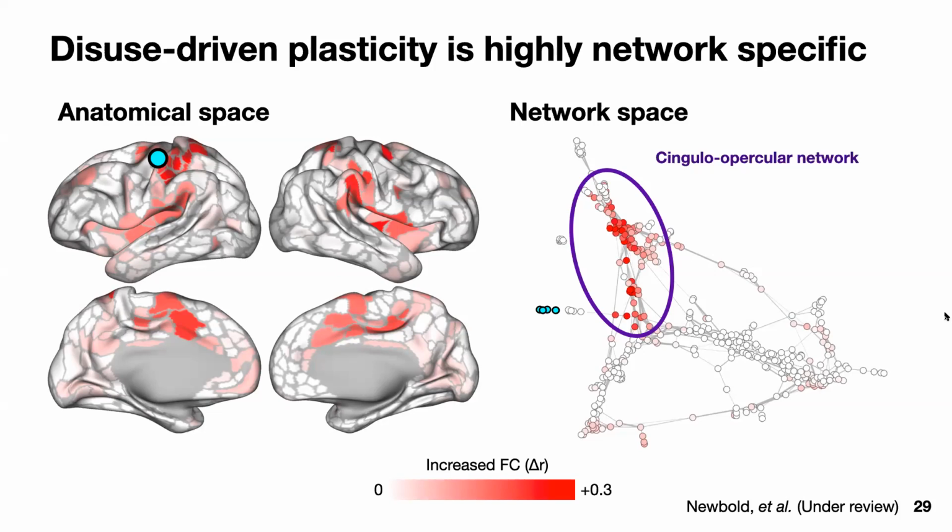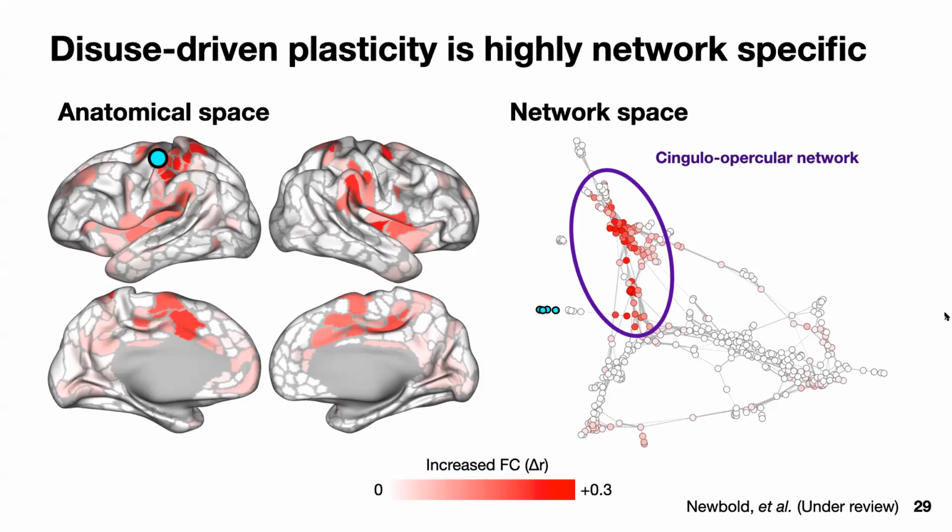And so the fact that we see these changes so closely respecting these subjects' predefined functional networks really makes us feel more secure that these are real findings. And it also sort of validates our network mapping approaches as showing something legitimate about the structure of the brain.